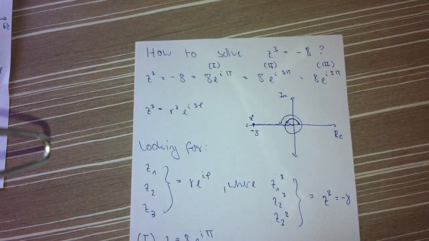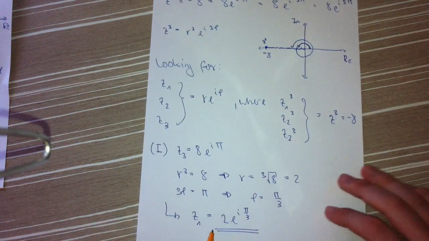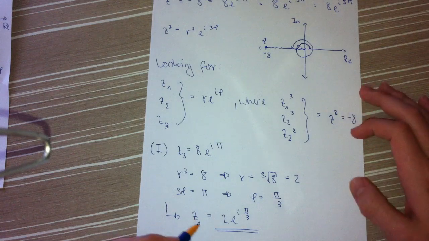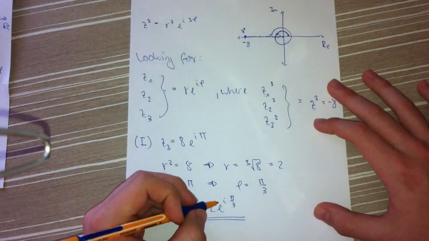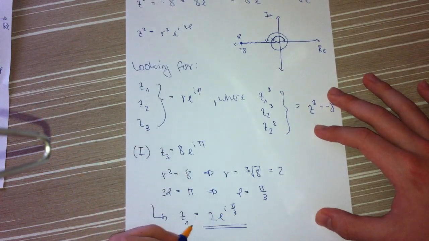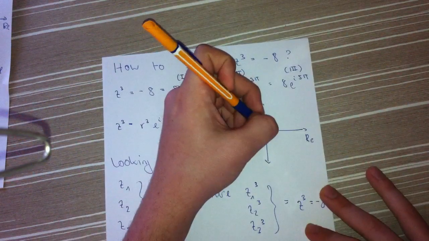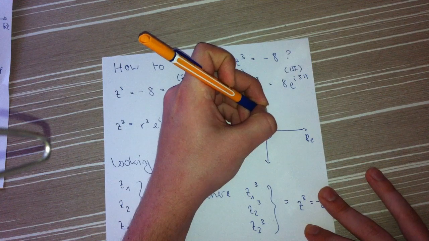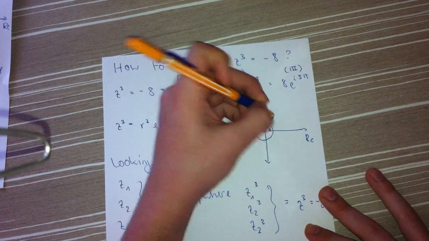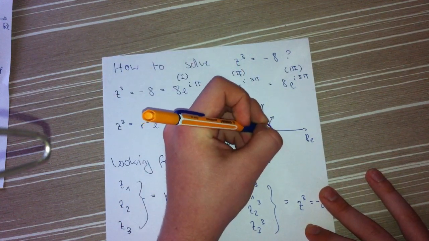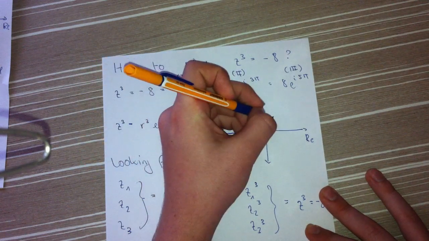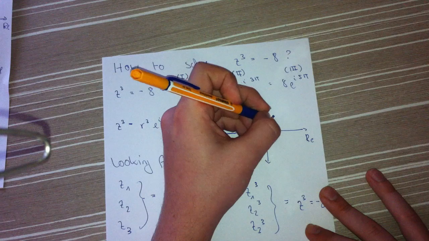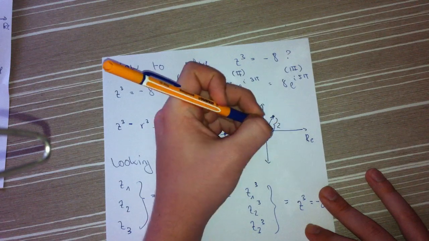Now, I'm going to show you what this looks like on the complex plane, and you will immediately understand why z1 is a solution. z1 has an angle of pi over 3 and a length of 2. So it's somewhere around here. This is the angle, pi over 3, and the length is 2.